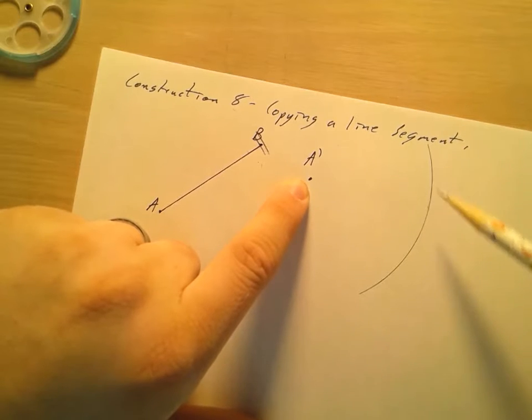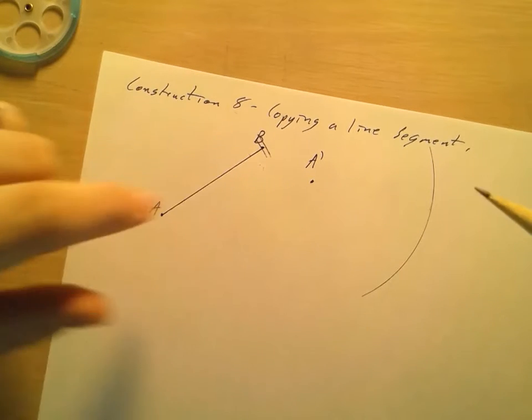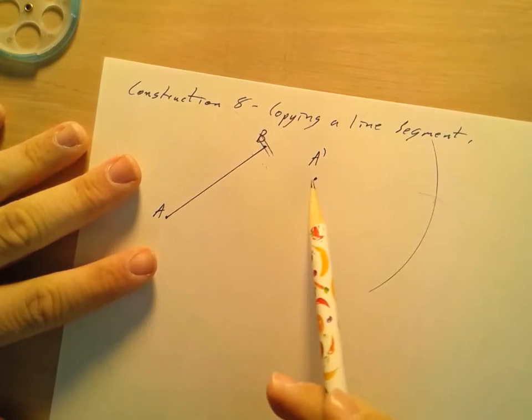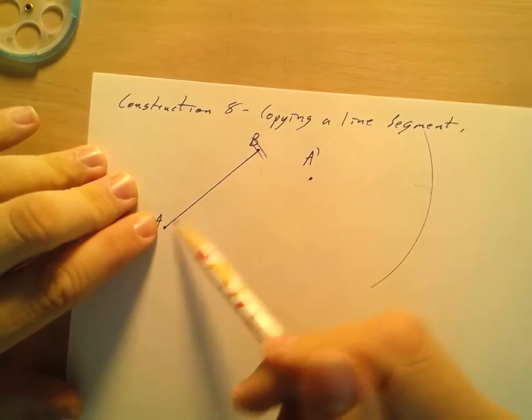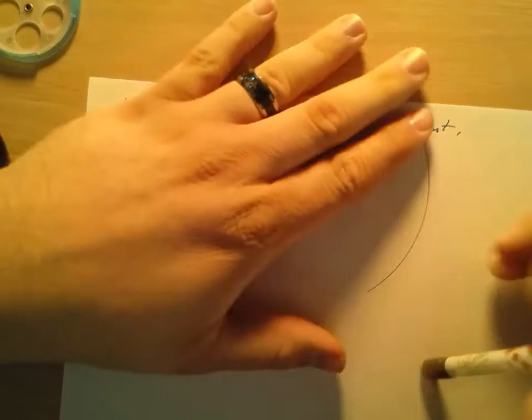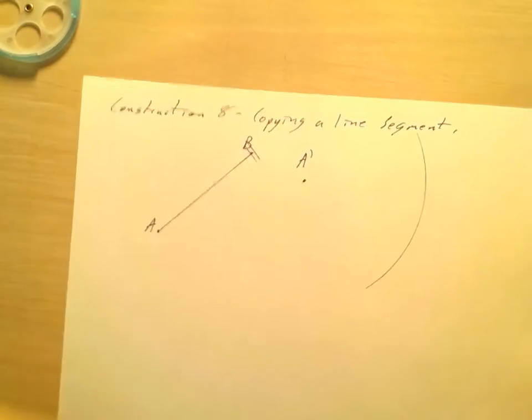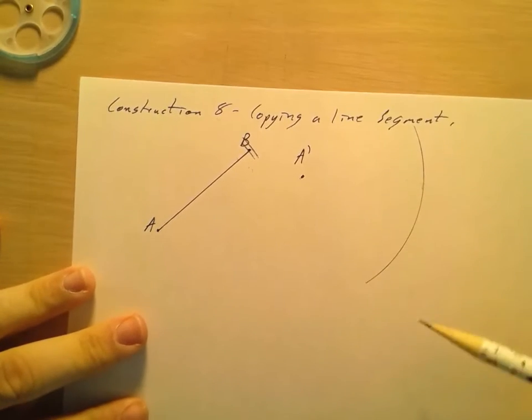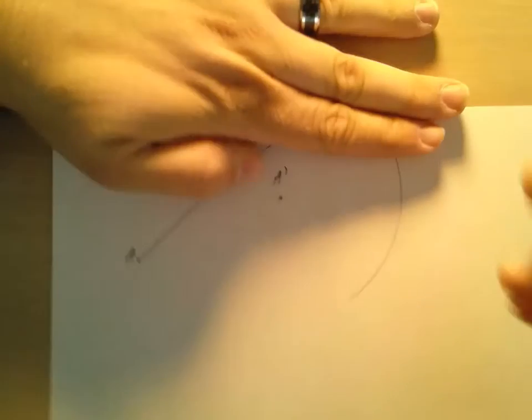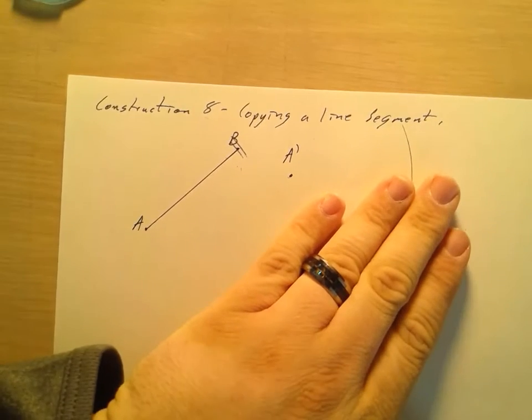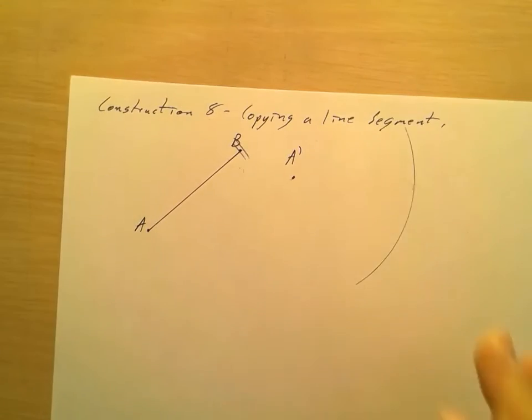No matter where I put this other point B prime, it's going to be the same distance from A prime as B is from A. So we would have congruent segments. You do not have to create an arc that's this big. You could have simply created an arc that big and you would have been just fine.